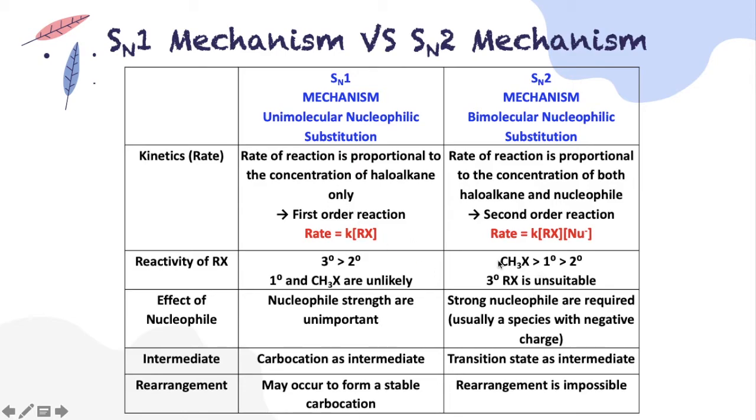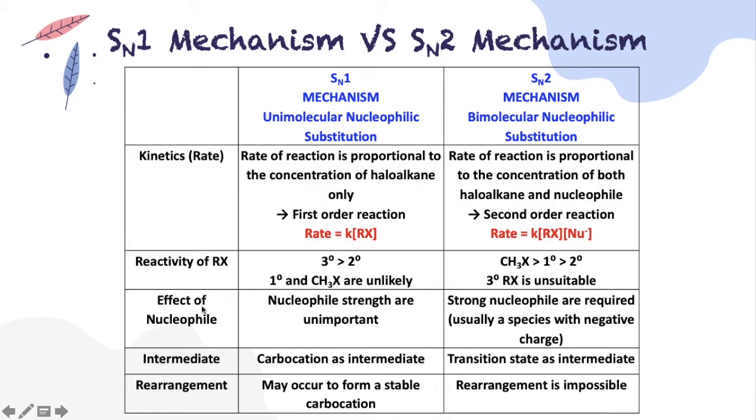SN2 mechanism prefers a less bulky group, fewer alkyl groups, because we want the nucleophile to do the back attack. So we prefer no R group at all or only one R group. So primary haloalkane or methyl halide is preferred in SN2 mechanism. But tertiary haloalkane is unsuitable in SN2. Tertiary haloalkane prefers SN1.